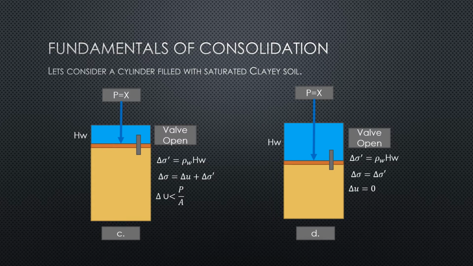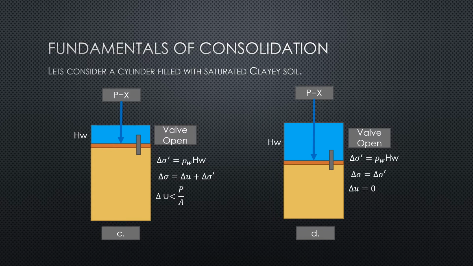In figure C, as you can see, P has the value of X, and the valve is already open. So the water is being expelled at the valve, and the water has the height of hw.